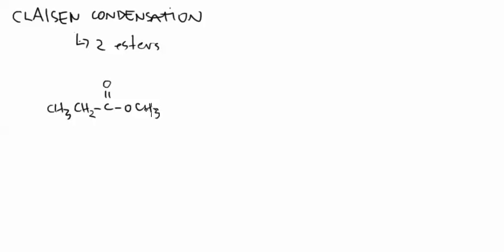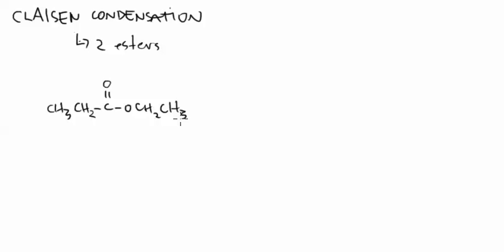Let's say that this is our ester that we want. And let's just make this thing a little bit simpler and just make it symmetrical. So CH2 and CH3. People tend to like when things are nice and pretty and even on both sides. Okay, so here is the ester.